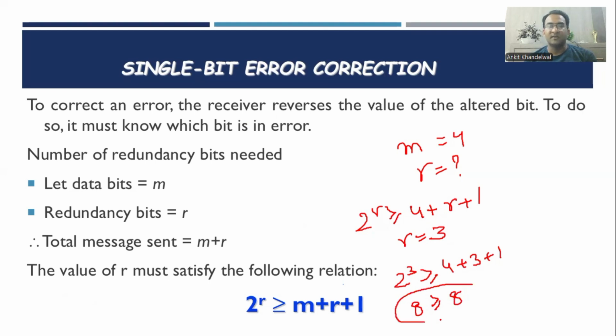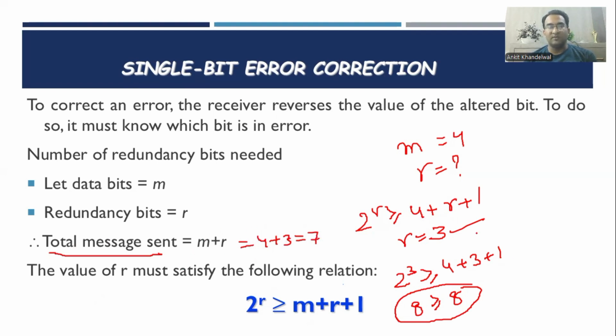This condition is fulfilled, this inequality is valid. So the value of r is going to be 3. The total message length which we are going to send is 4 plus 3, that is equal to 7. A total of 7 bits will be sent in this message from the sender to the receiver.